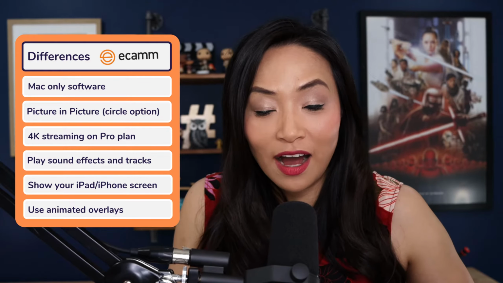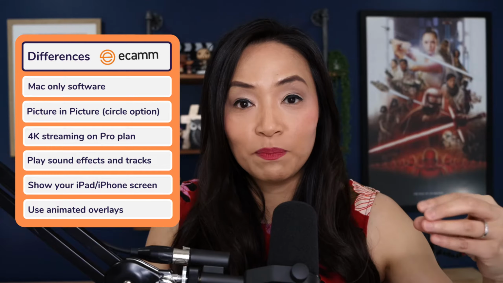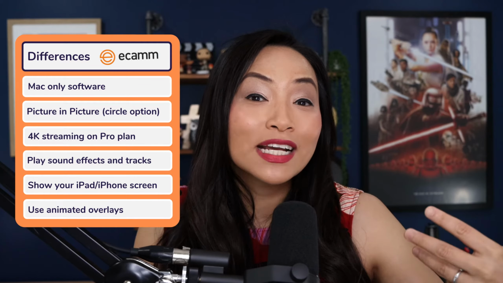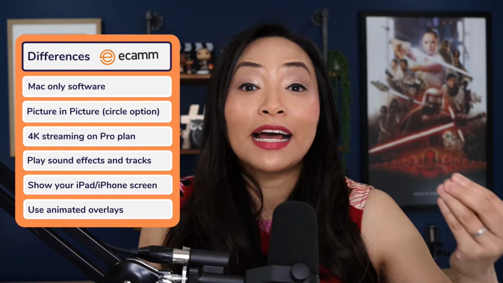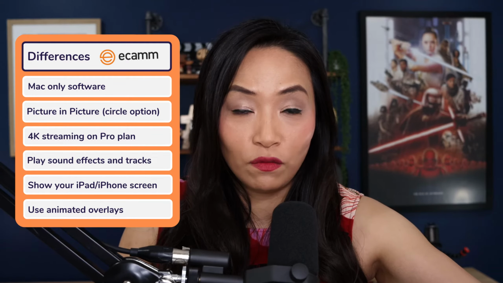Now with Ecamm Live, one of the things that you can also do is easily play sound effects and music. With StreamYard, because they're browser based, you can technically still play music and sound, but it's a bit of a workaround. So it's not easily done directly within their software, right?